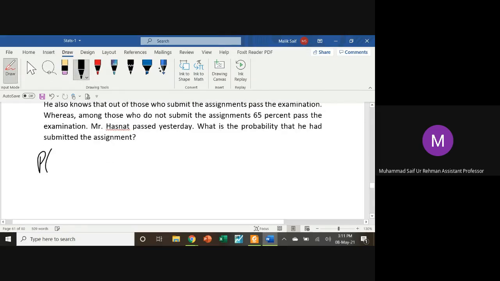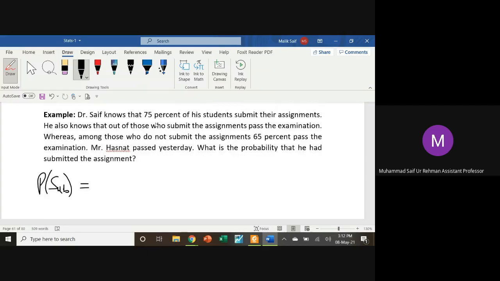Okay, so what will be the probability in that case? Probability of submission, SUB. Let's say I'm going to write it down as this. This means the probability of submitting the assignment. What is this? This is given: 75%.